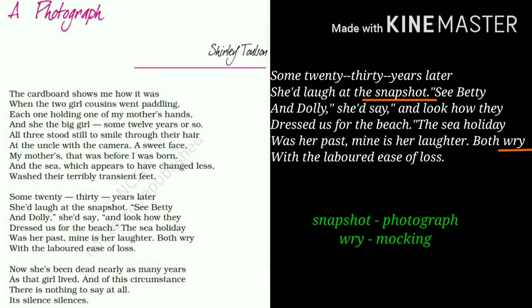Now she would laugh at seeing the snapshot or the photo. She would show me the photo, and I was a little girl then. She would tell me, See Betty and Dolly, she would say, and look how they dressed us for the beach. She says how strangely they were dressed up for the beach holiday trip by their parents.